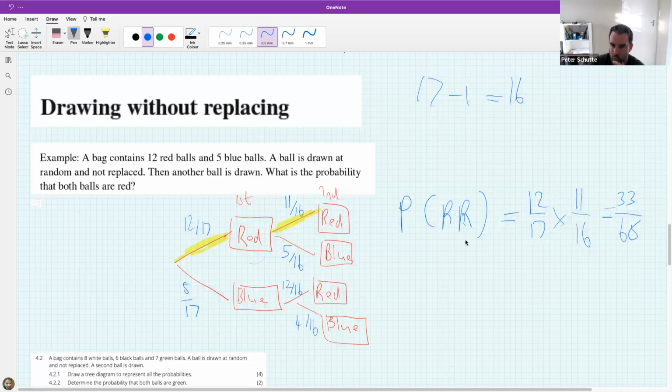Let me ask you one more. What's the probability of drawing a blue on your first go, not replacing it, and then getting a red? What's the probability of that going to be?